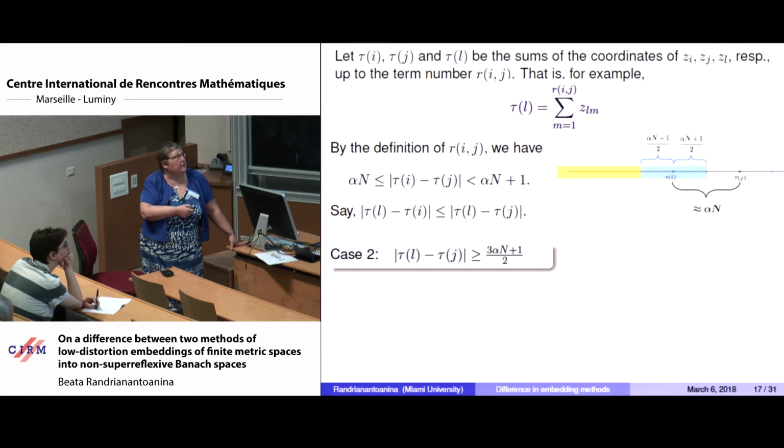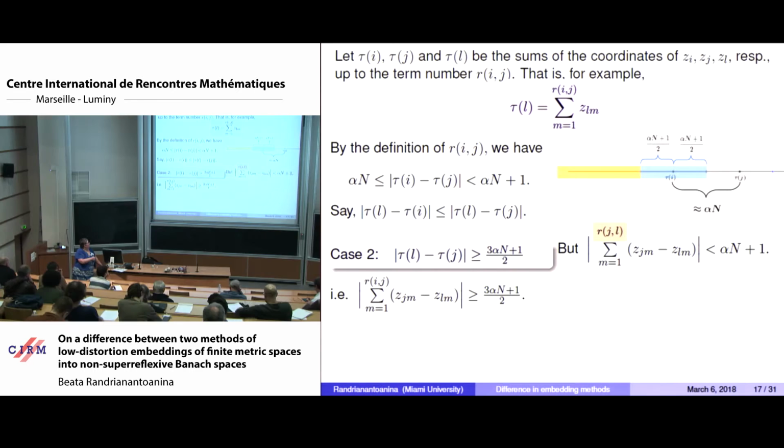But again, this is that same principle that in that case, if it is in this yellow interval, that means that its distance from the further away point has to be the distance between the 2 points plus this alpha n over 2, which makes it around 3 alpha n over 2, right?